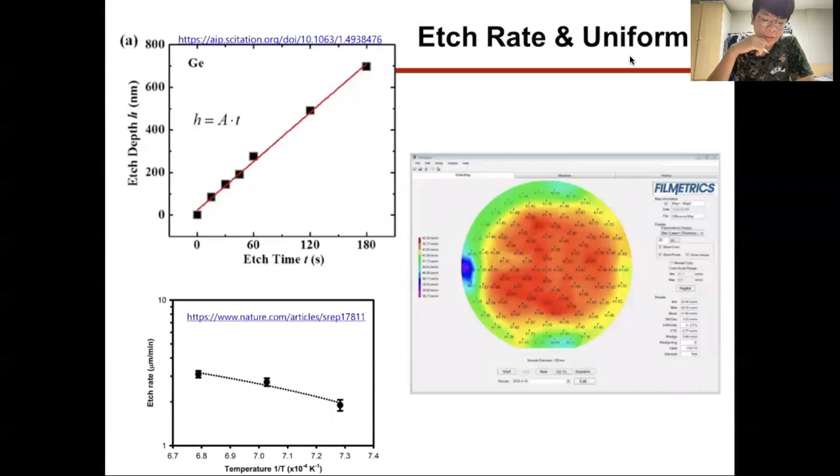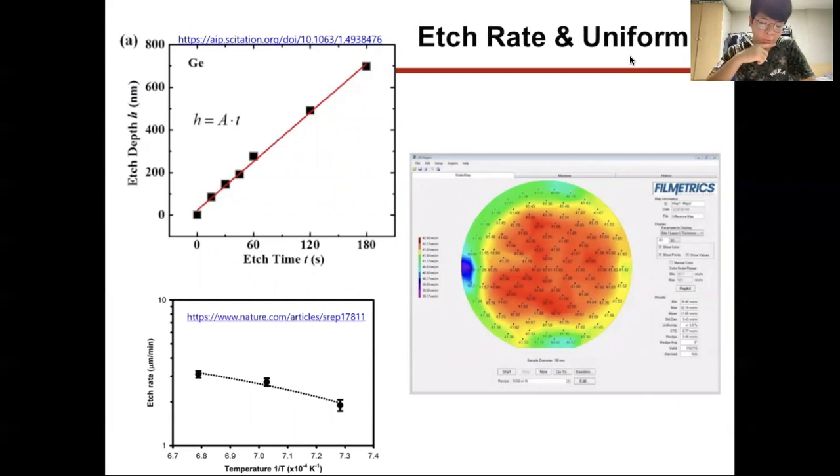Using this etch rate, it is important to get this information, so we can define how much we will etch. And also the etch rate is very related to temperature.